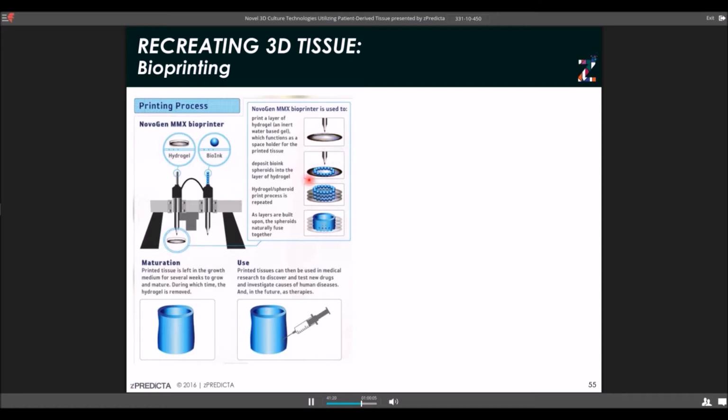Then these cells can be layered in specific shapes to form, in this case, a tube, for example, but you can make spheroids, you can make various shapes, you can add multiple different cell types and really reconstruct the tissue in a very controlled manner.